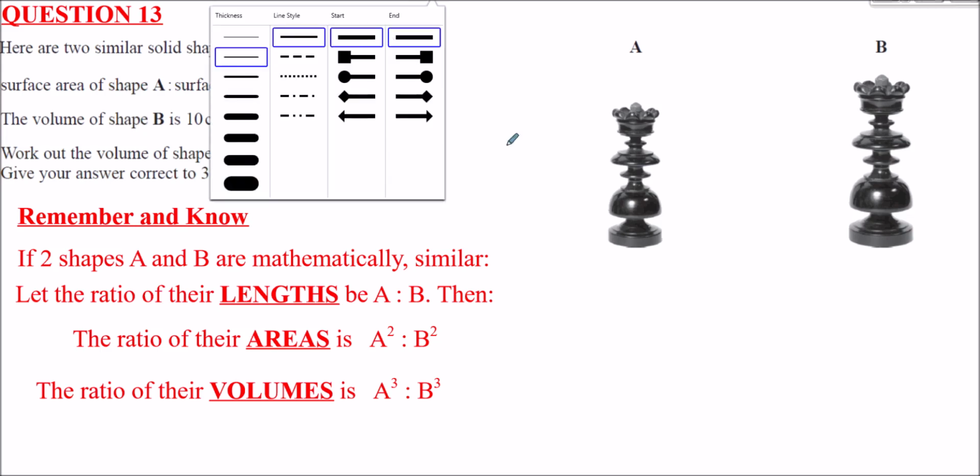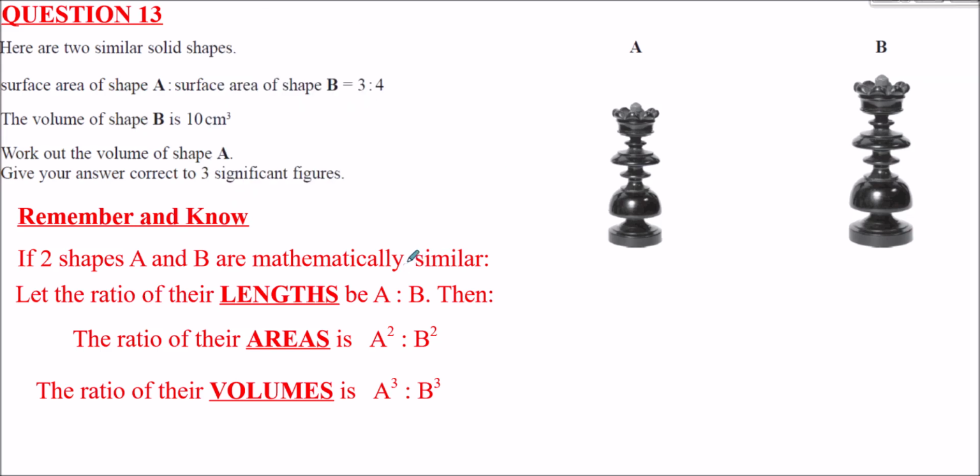So always try and work out the length ratio first. What we're told here is the area ratio. So area ratio of A to B is 3 to 4. To go from something squared to something not squared, to undo the squaring, we need to square root.